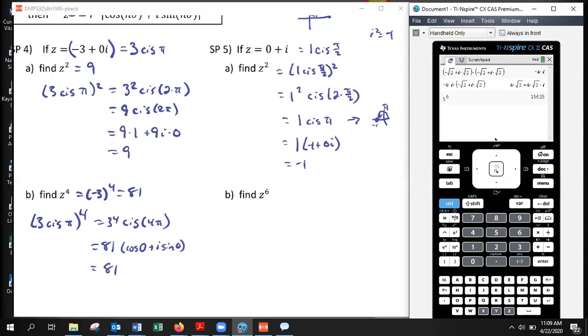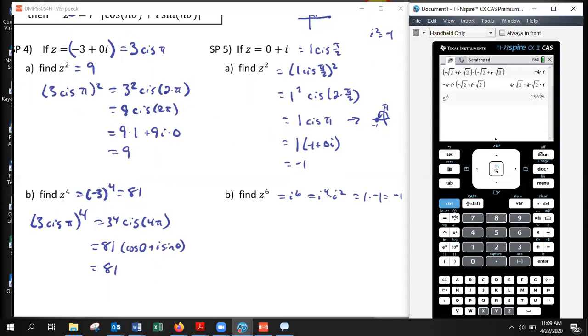Well, what about z to the 6? Remember, this number is i to the 6, and if we learned in Algebra 2, i to the 6 was i to the 4th times i squared, so that's 1 times negative 1, so this should also give me negative 1. Let's see that on a polar level.